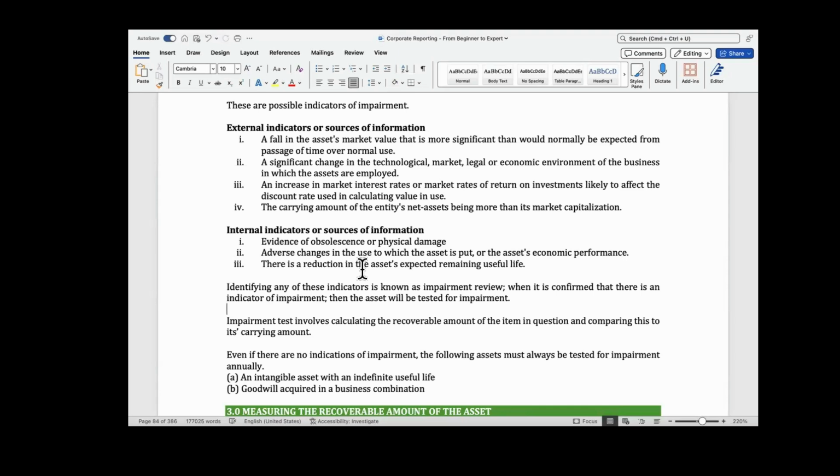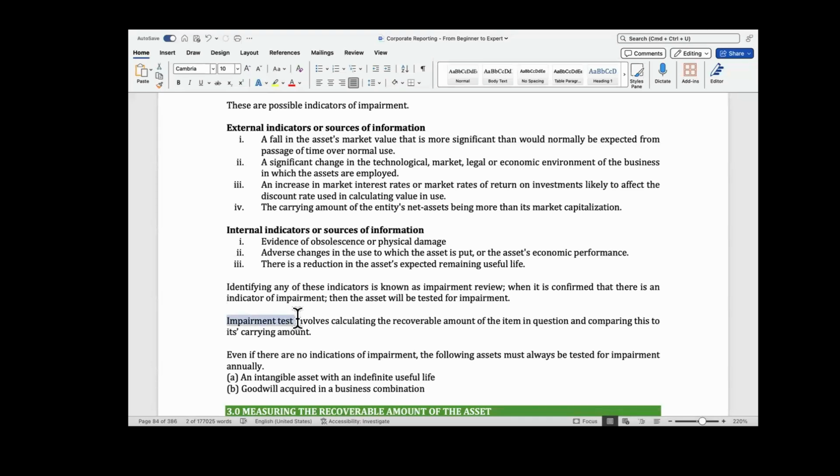As soon as there is an indicator that shows that this asset might have been impaired, whether external or internal, then the next thing to do is to confirm how much we can recover. So you see, that process of confirming or calculating the recoverable amount, we call it impairment tests.